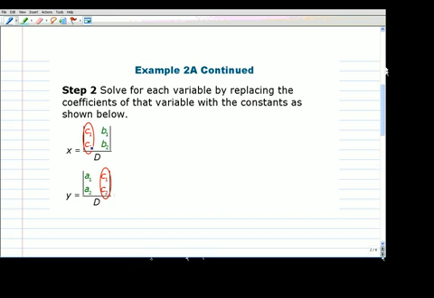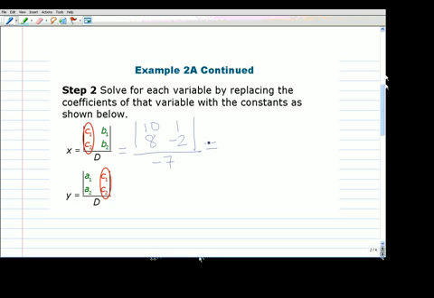And then the y coefficients stay the same, and then we'll divide it by the original determinant. So the constant terms are 10 and 8, and then the y coefficients were 1 and -2. Then we're going to end up dividing that by the determinant of the original coefficient matrix, and that was -7.